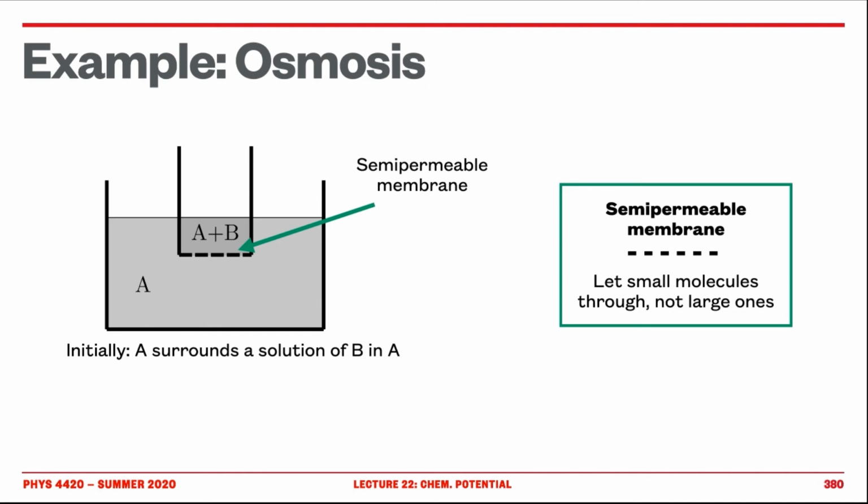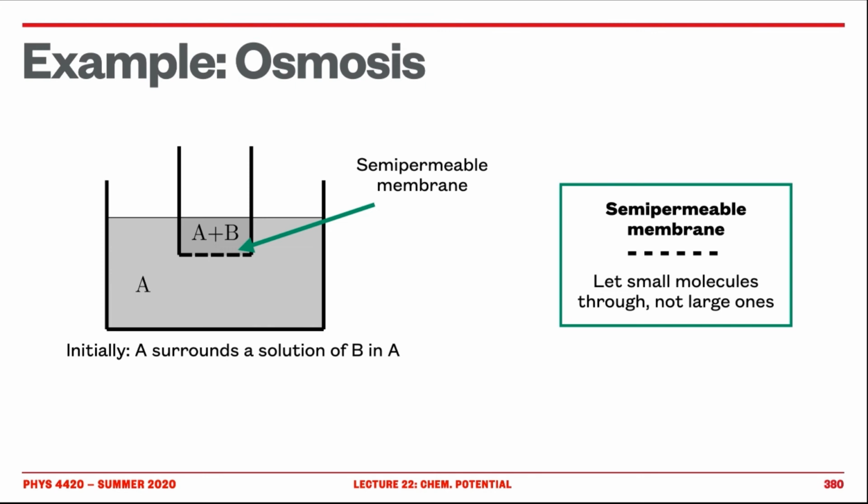So we have a pure solution A, and we have a dilute solution of B in A. Clearly, in order to increase the number of microstates, we would like to dilute the A plus B solution more and more. If you're not convinced by what I say, it's going to become clear when we work out the equations. So in other words, you do expect A to try to go into the A plus B solution.